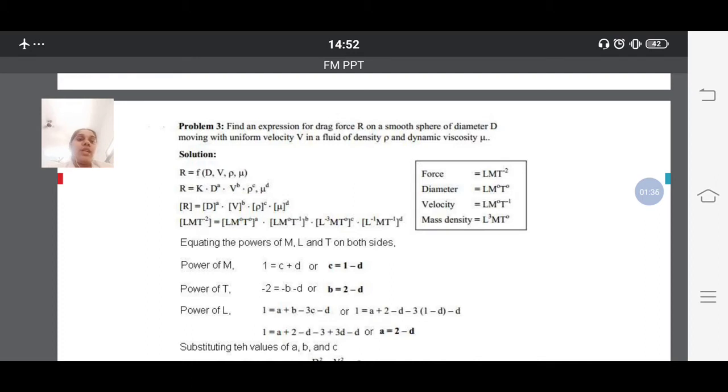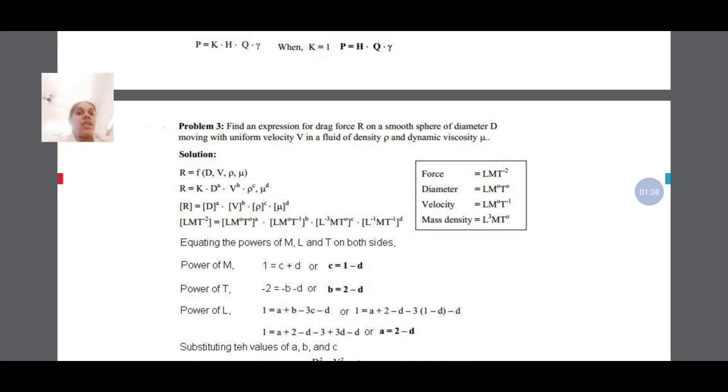So we rewrite the given notations as R equal to a function of the independent factors: R equal to f of D, V, rho, mu.